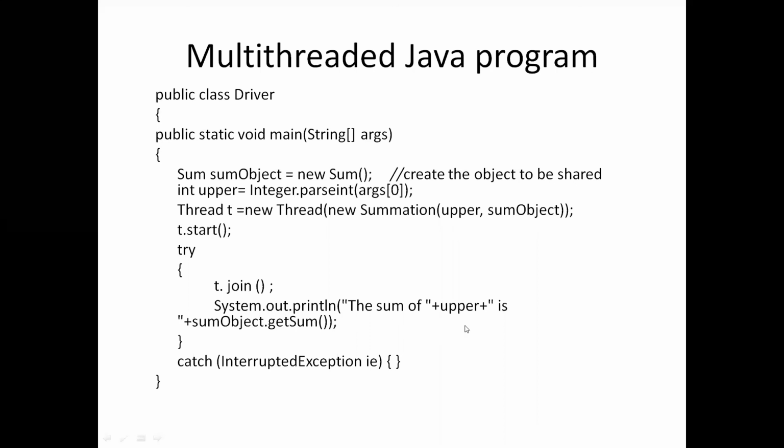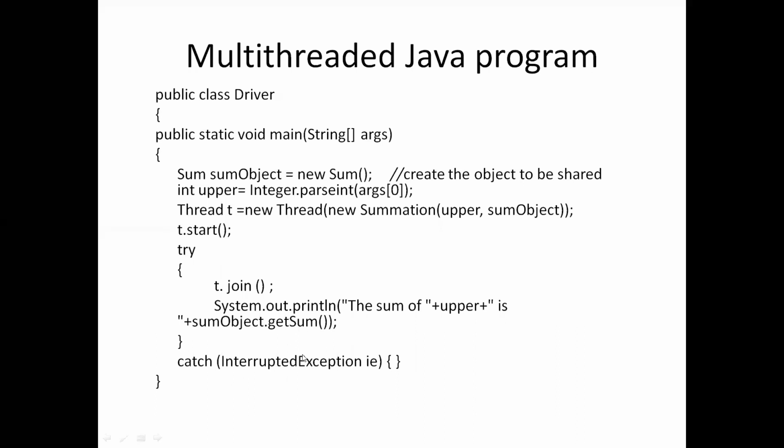And now here we are printing the sum value, the sum of n natural numbers, by invoking the getSum method using the sum object. By using the sum object, we invoke the getSum method that will get the value which is stored in sum. That we are printing here.